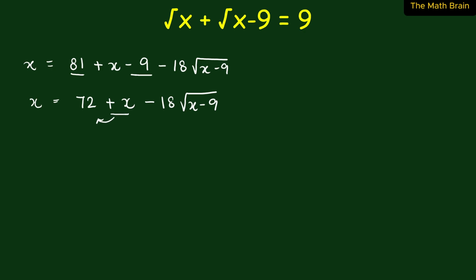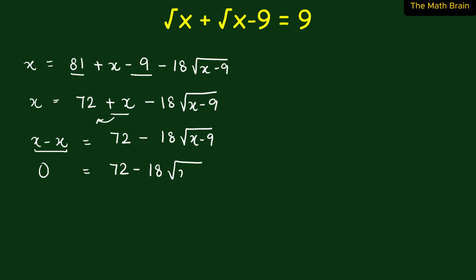This x will go to that side and x minus x is equal to 72 minus 18√(x − 9). This will be 0. So we are left with 0 is equal to 72 minus 18√(x − 9).